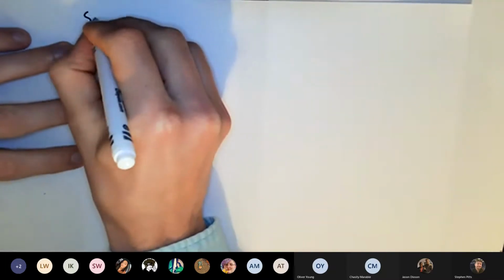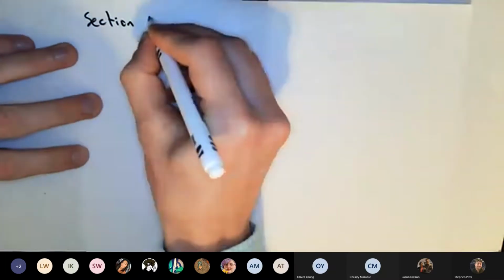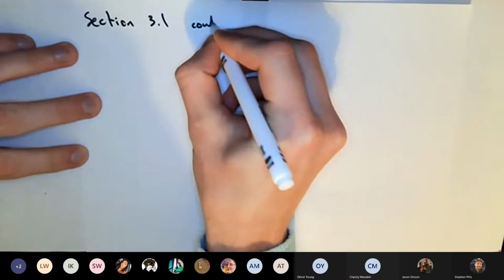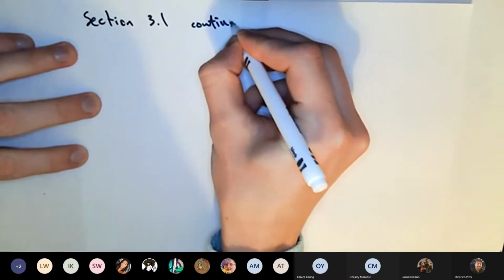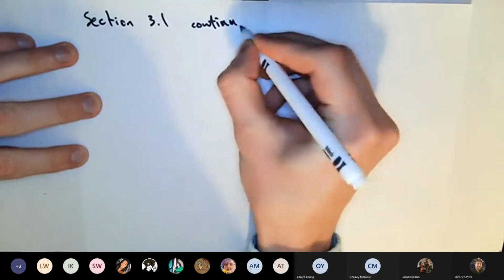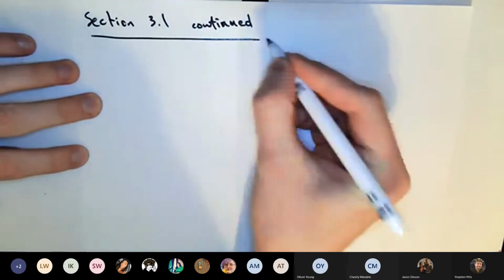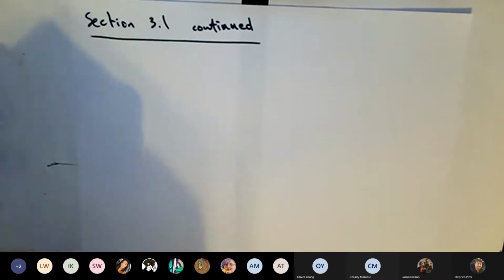Since there were questions last time about taking something in sentence form, pulling it apart and writing it in symbol form, I wanted to do some more practice with that. So this is section 3.1 continued. I'm going to do some exercise problems from the book.